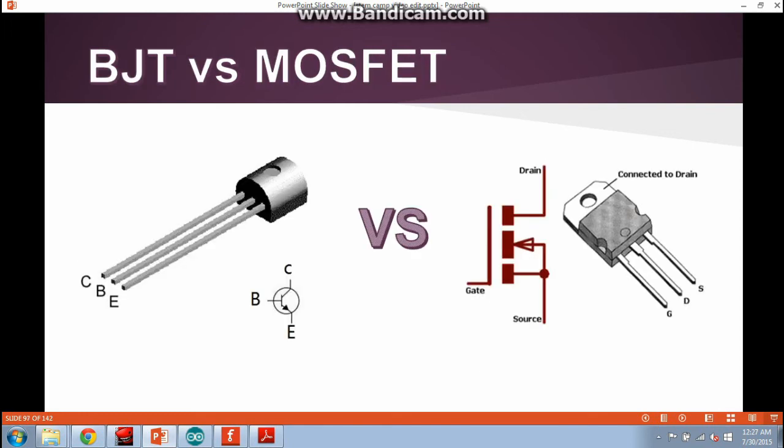Also, I want to touch on the different types of transistors in the construction sense. Some are constructed differently than others.